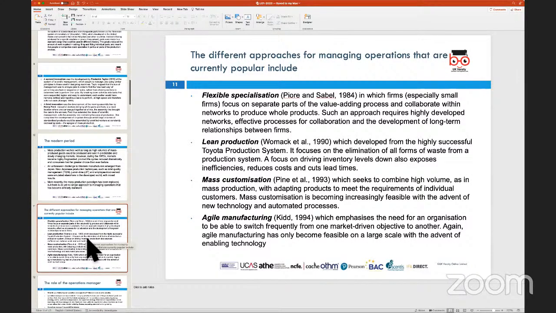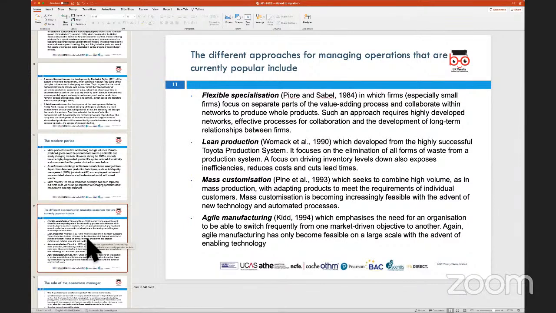And there were certain concepts that started to apply that have changed how operations management is now perceived. So things like flexible specialization, lean production, mass customization, agile manufacturing. These are processes which have now come about in the modern period, or if we say, how operations management evolution has happened.